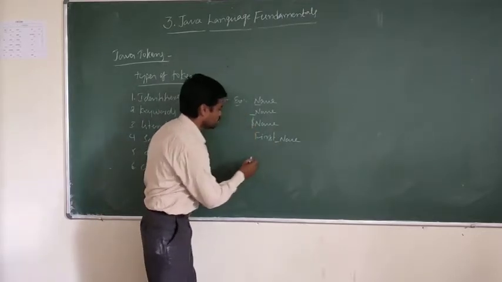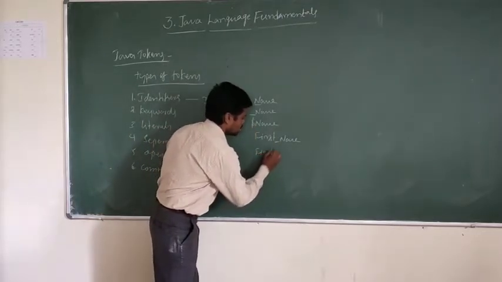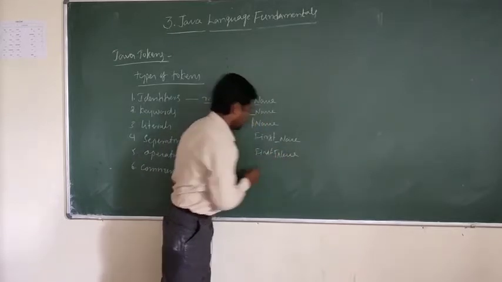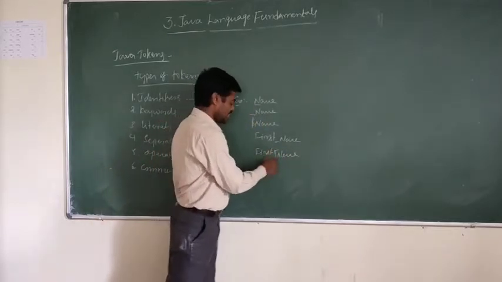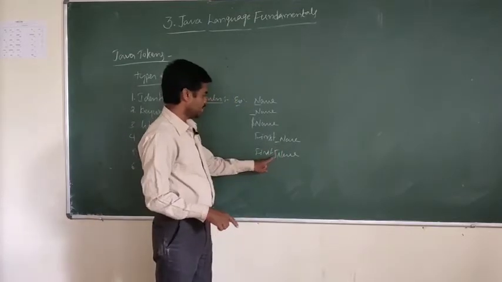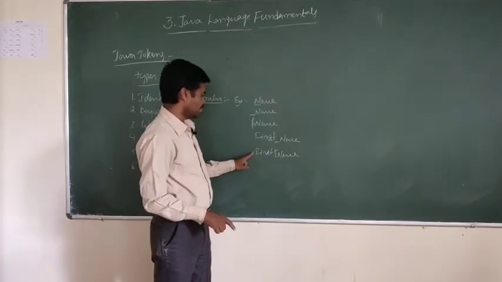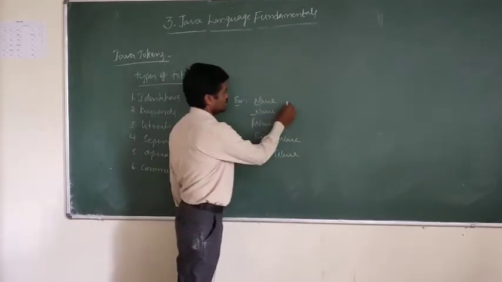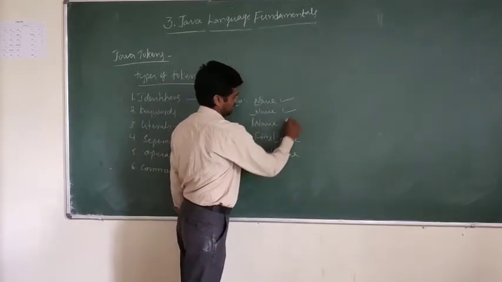For example, you can also use first5name. It can contain digits in between the identifier, but it cannot start with a number, though it can contain them in combination. So these are some valid identifiers.